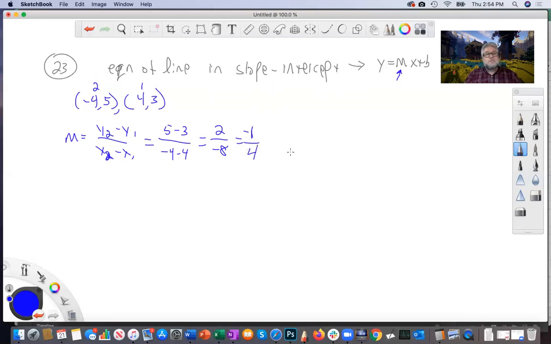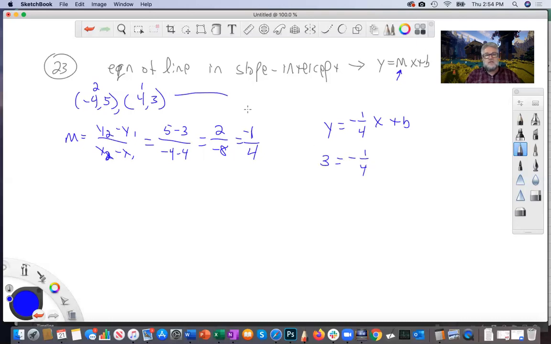Right? So now I know part of it. Y equals -1/4 x plus b. So now I'll pick a point and plug it in here. I think I'm going to pick this one because it has no negatives. So I'll plug in 3 equals -1/4 times x, which is 4, plus b.